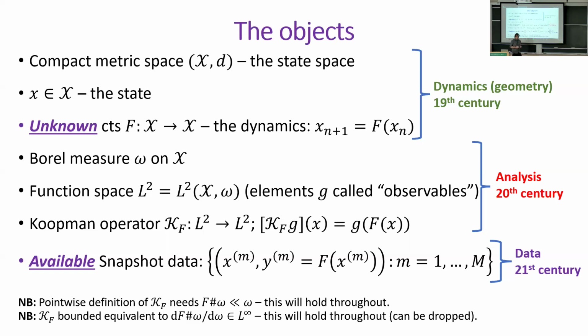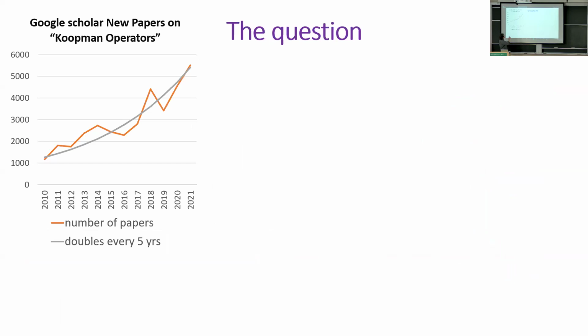And a lot of the effort in this Koopman community is to try and learn spectral properties of this operator. Remember, it's linear, from this data. Okay, so when I first got into Koopman, I decided to plot a graph. I've probably shown this to lots of you in the audience before, but there's really this exponential increase in papers on Koopman operators over the last decade or so, a lot of them applications of Koopman operators.